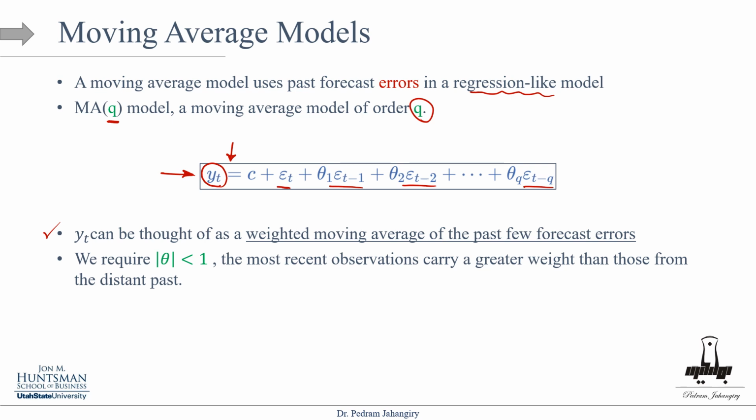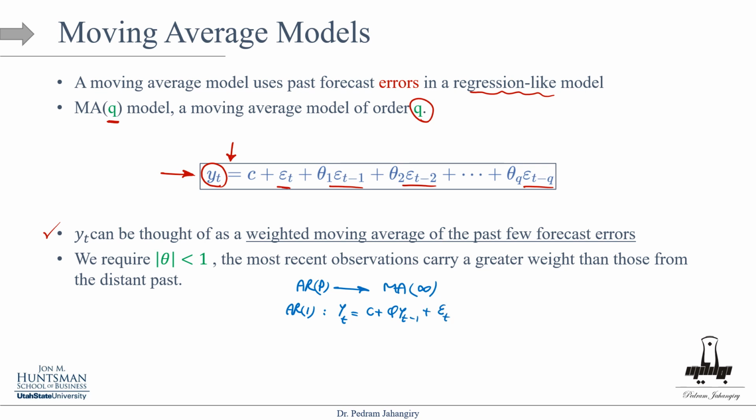As a matter of fact, you can even write down your AR model as an MA model, right? For example, we know that any AR(p) model can be written as MA infinity, right? Let me write it down for the AR(1) model, and you can get the idea how it works. Remember, this is your AR(1) model: YT is equal to C plus phi YT minus 1 plus epsilon T, right?